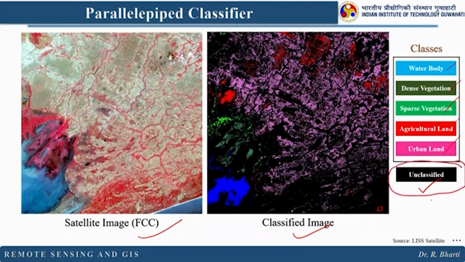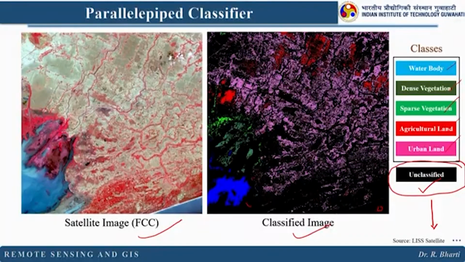That means I still need to increase my classes, or I have to revisit my training data and follow all the rules. Then probably the classification accuracy will be higher, and finally you will have very few, or maybe no unclassified pixels in your image, right?